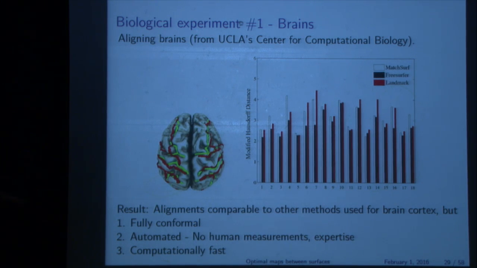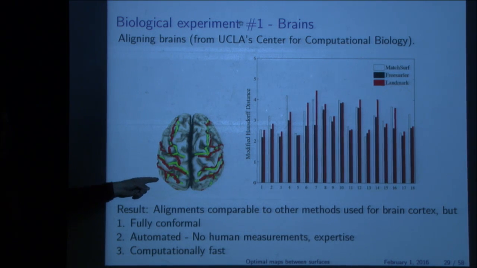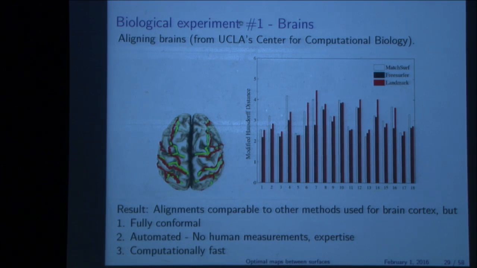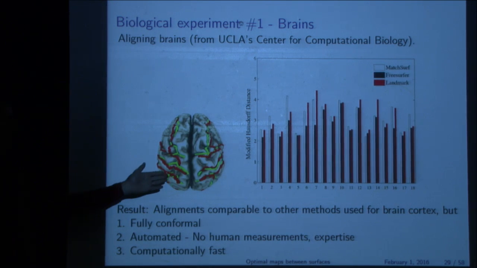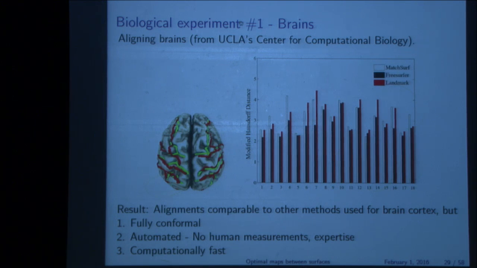So in this experiment, lower is better. What this is doing is aligning two brains and then measuring the Hausdorff distance between these sulci in one brain and the image of the sulci of the other brain. So this is a fairly standard way that community measures the effectiveness of brain alignments.